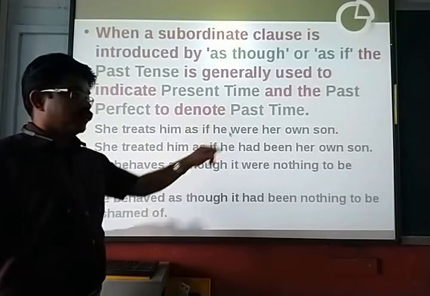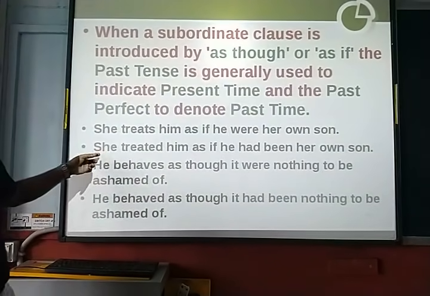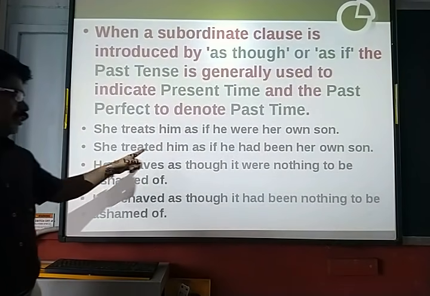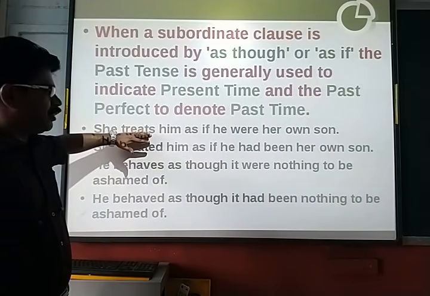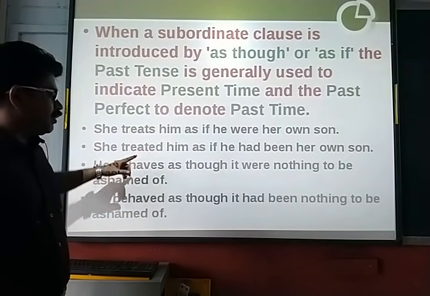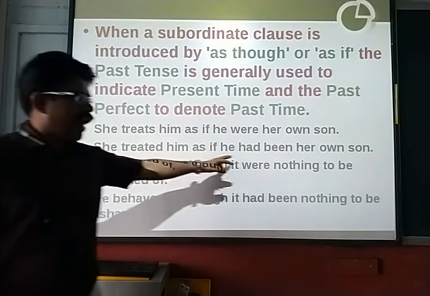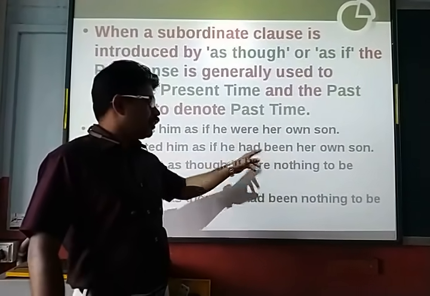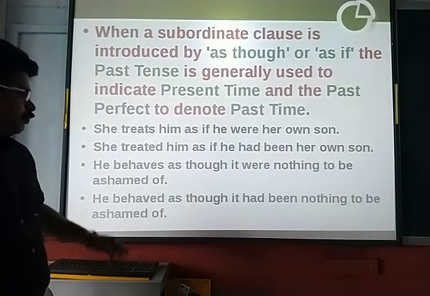He were her own son. Then, she treated him. Now here it is past tense. Before, it was present tense and past was used. She treated him as if he had been, so here had been is used. Had been her own son.